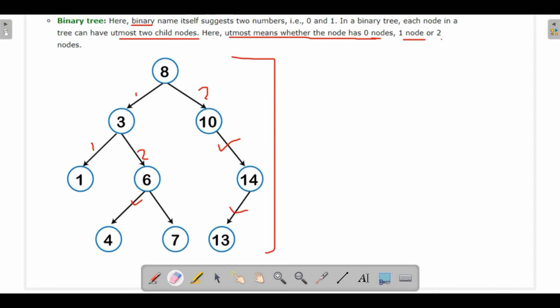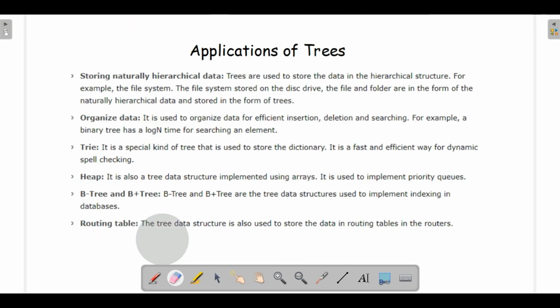Now let us move to the applications of the tree. Basically, why are we studying trees is because of storing naturally hierarchical data. Trees are used to store the data in a hierarchical form. So what is the use of that? If you have heard about the Linux or the Unix file system, that is basically based on a tree.